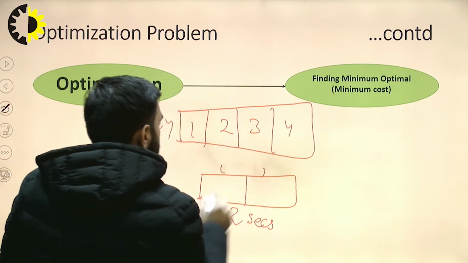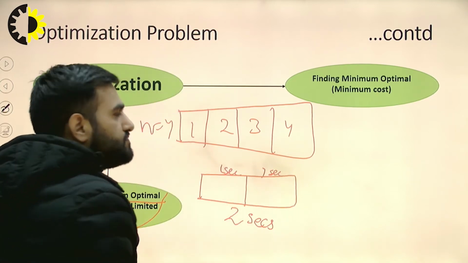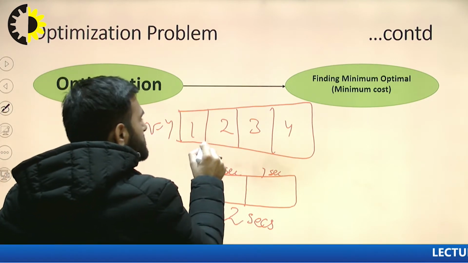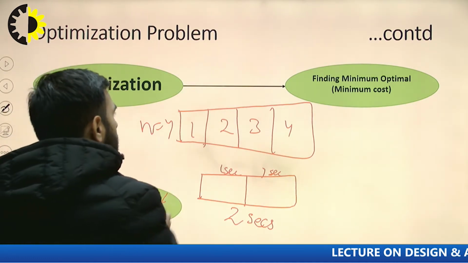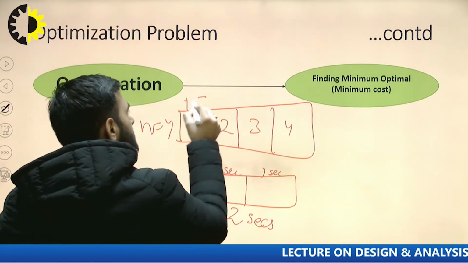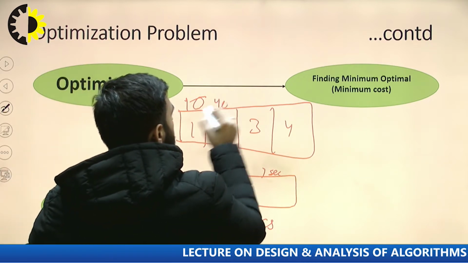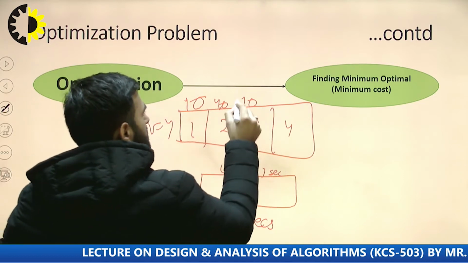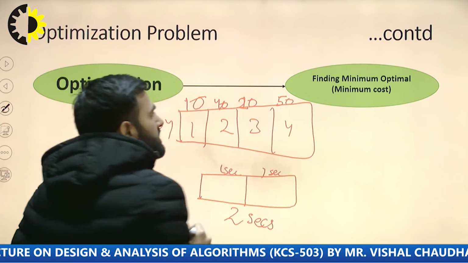So here we will select the particular job which is giving the maximum profit within the time frame only. Suppose the first job is giving 10, 2 is giving 40, this is giving 10, it is 20, 4 is giving 50.